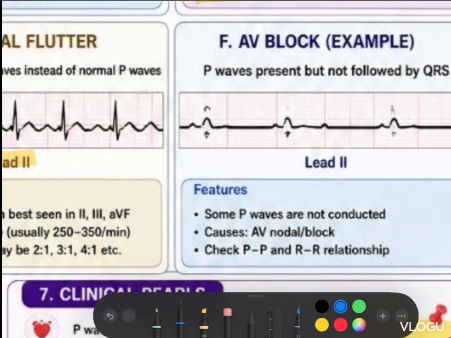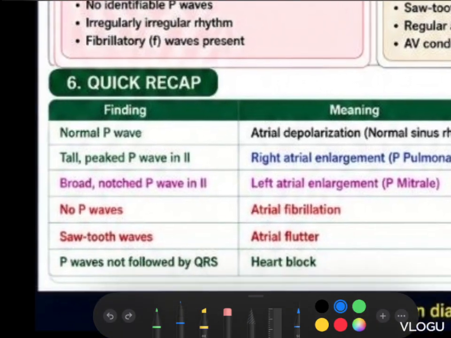But if not, think the patient has atrioventricular block. If some P waves are not conducted, it causes AV nodal block. Next we have to always check the PP and RR relationship. If the P wave is not followed by a QRS, then you have to think of AV block.